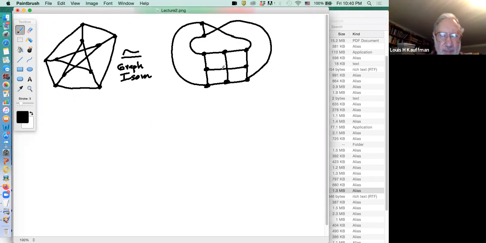And this actually is a minimal crossing representation of Peterson. You won't be able to draw it with fewer than two crossings in the plane. You might try to prove that, but you might also try, as an exercise, to make an isomorphism from this to this. Not hard. You'll find it's not hard.